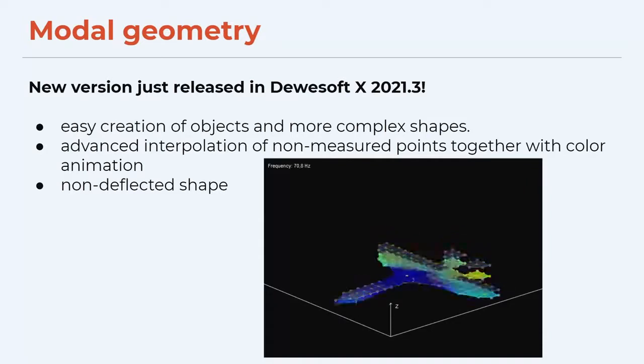The results from modal tests can also be animated, and in the latest release we just released the new modal geometry version, where we support creation of objects like cylinder, sphere, cube, and so on. So the creation of objects is much easier, and therefore we can create more complex shapes much faster.